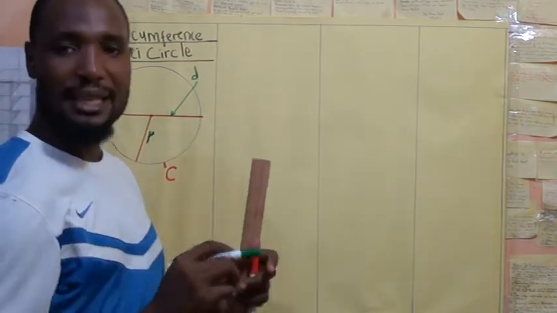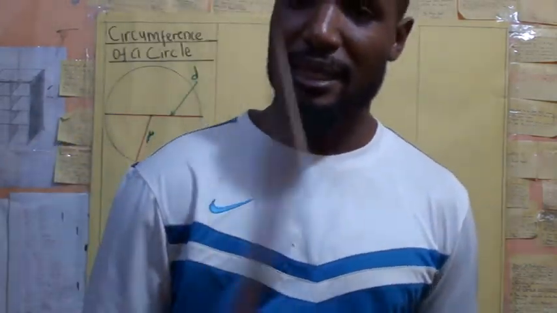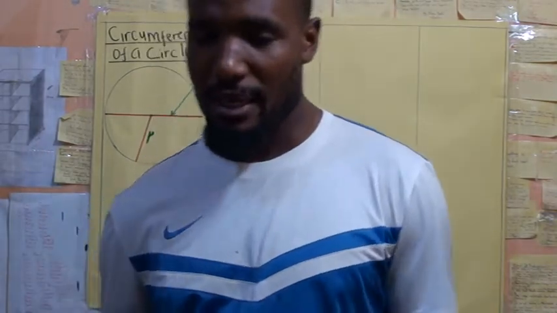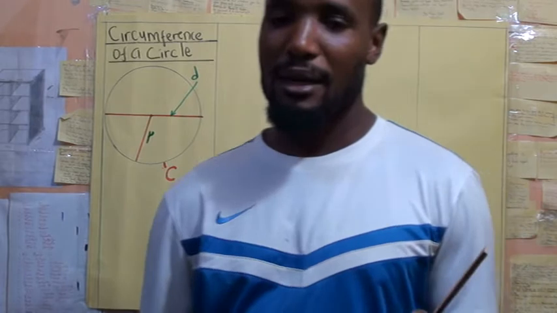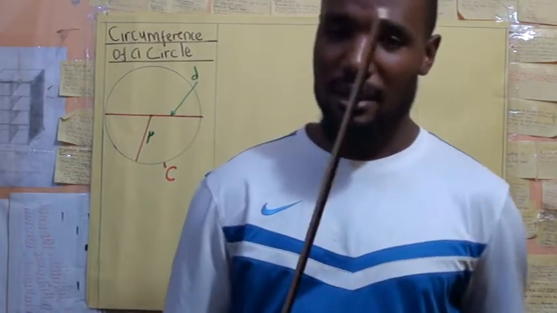Now, in calculating the circumference of a circle, there is a constant figure that we have been given by IUPAC, the international body for applied and pure science.